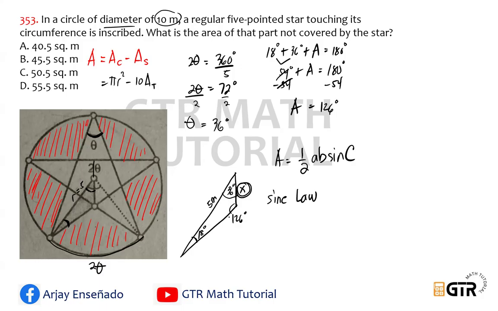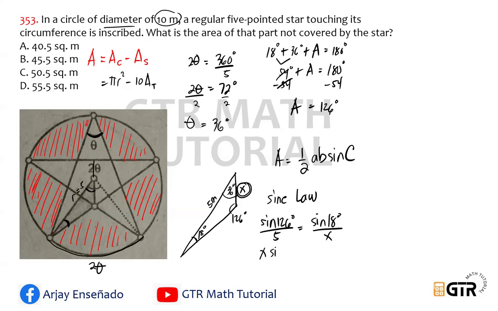According to the sine law, we will use the 5 meters that is opposite the 126 degrees. So therefore, we have sine 126 degrees over 5 meters is equal to, since we want to find the value of x, sine 18 degrees over x. So solve for x. Just cross multiply.